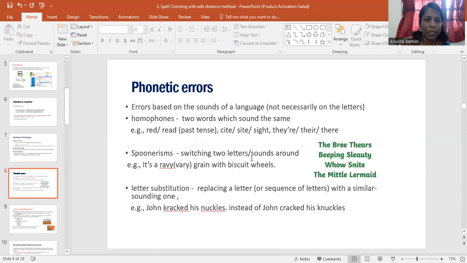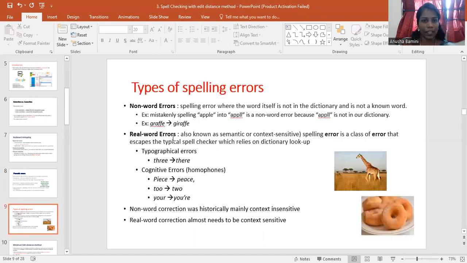For example, in place of read, red, it is pasted as read. In place of cite, site, it is misplaced as sight. When we are speaking, both sound like similar words, but when we are typing, both are different words. This kind of error is called phonetic error.